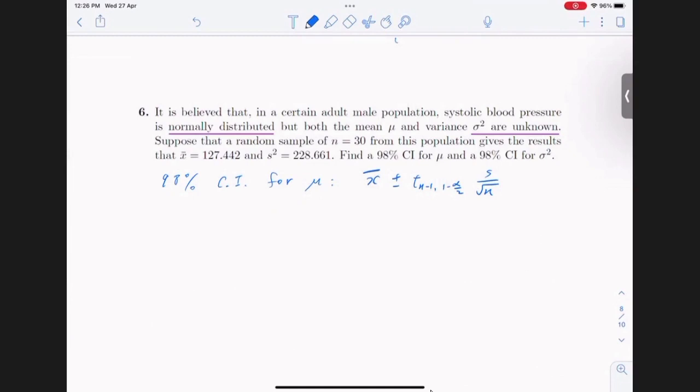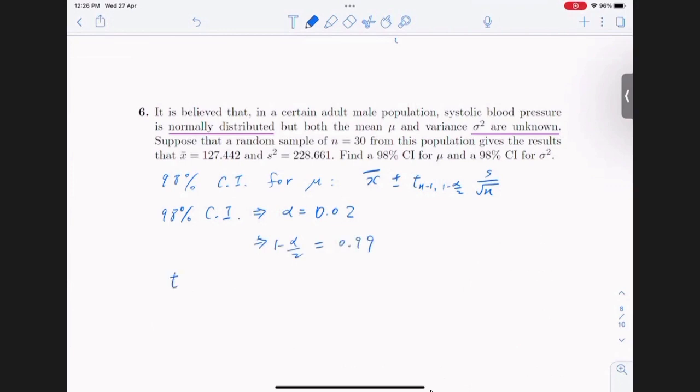Since we want the coverage of the confidence interval to be 98%, the value of alpha is equal to 0.02. So 1 minus alpha over 2 is equal to 0.99.